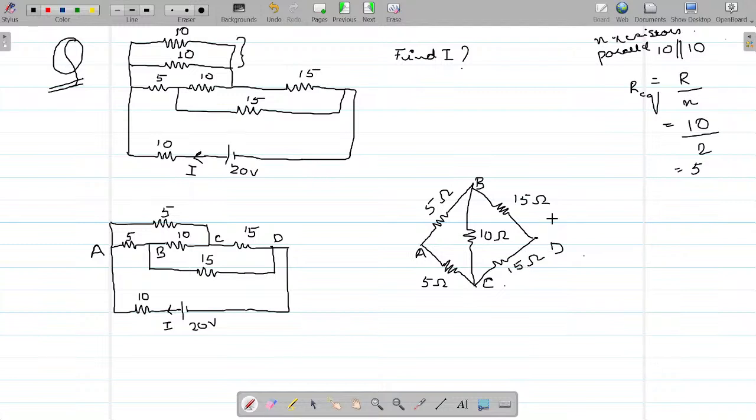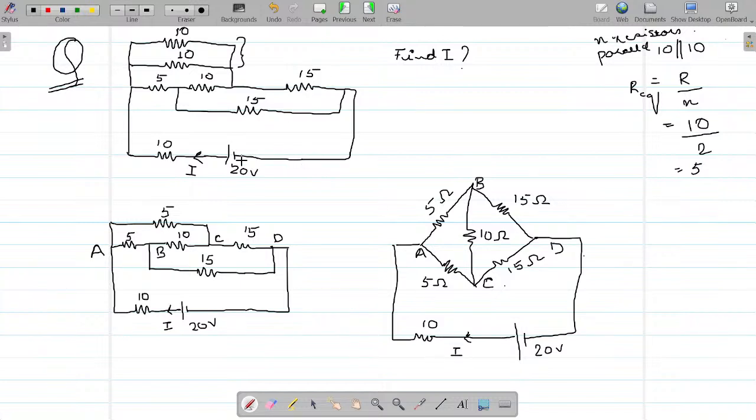Now, from point D of the circuit, I see a source, the negative potential of the source, right? And the source value is 20 volts. And from A, I see a 10 ohm resistor which eventually connects to the positive terminal of the battery, right? The question still demands the value of I.